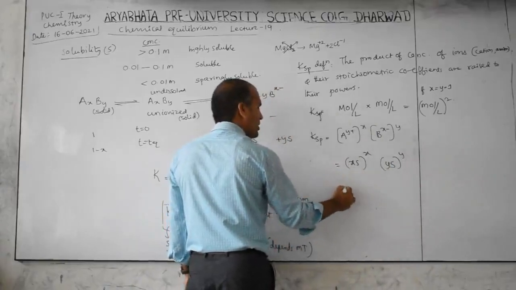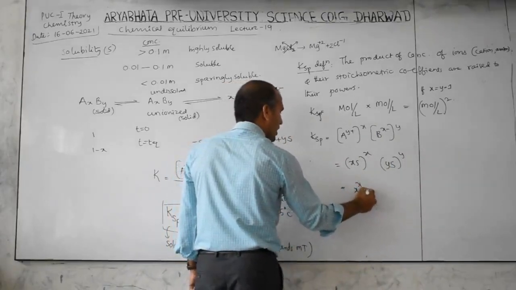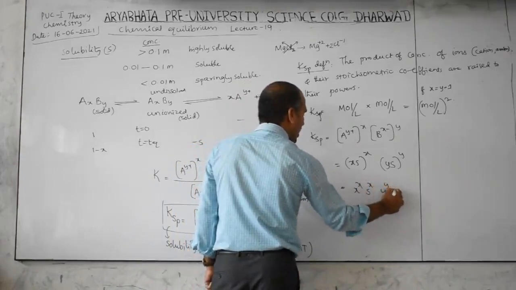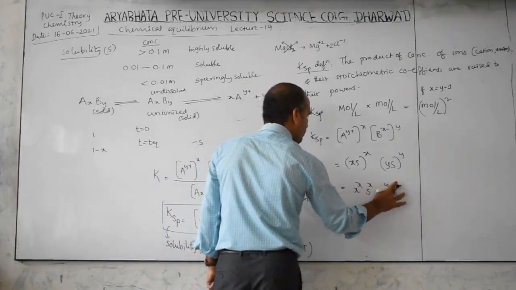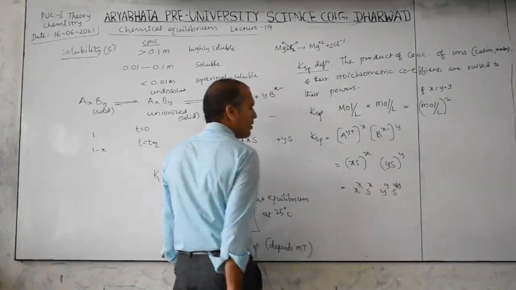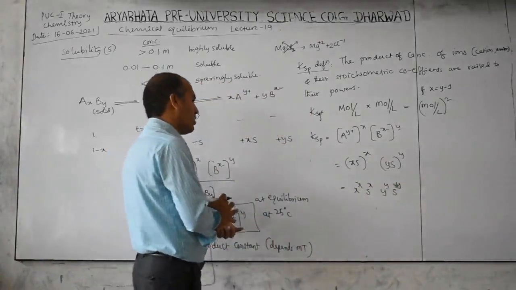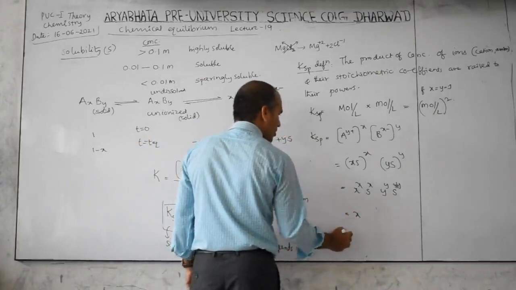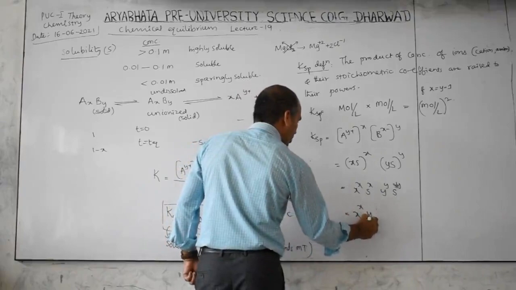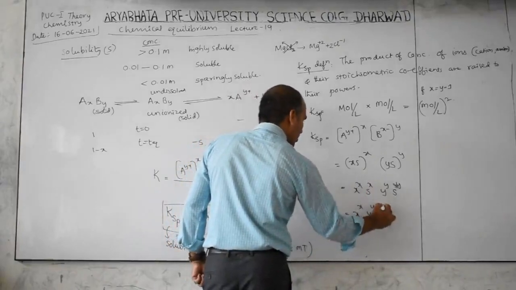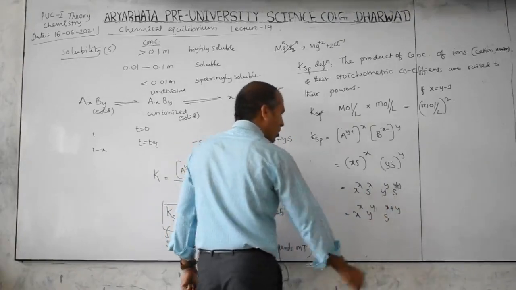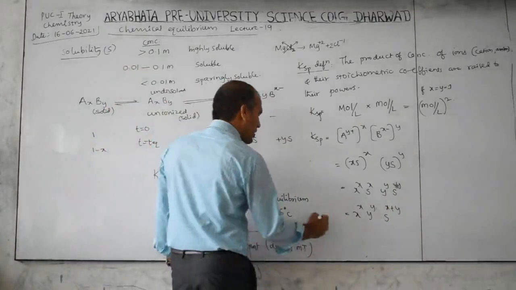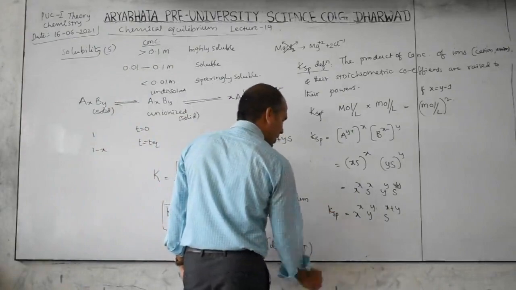This can be represented as x power x, S power x, into y power y, S power y. Then this can be represented as x power x, y power y, S power x plus y. When the base is the same, the powers will be added, and this will be equal to Ksp.